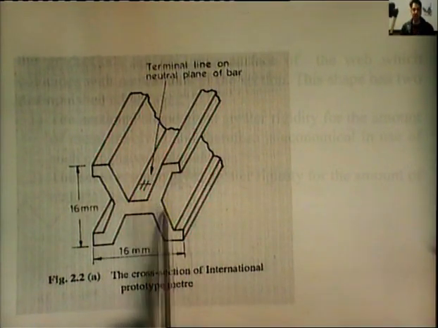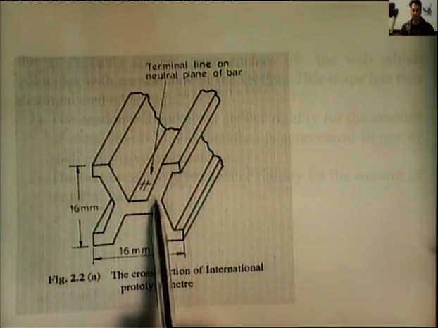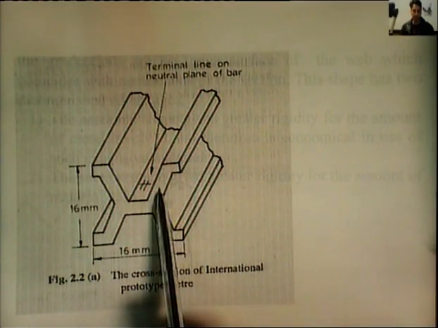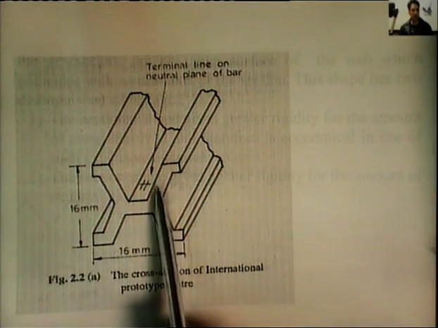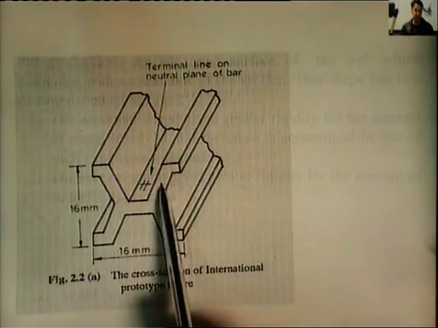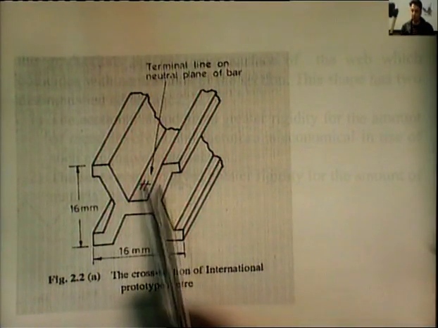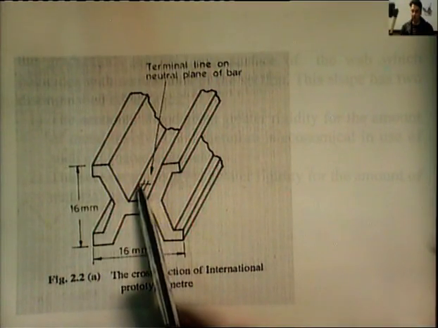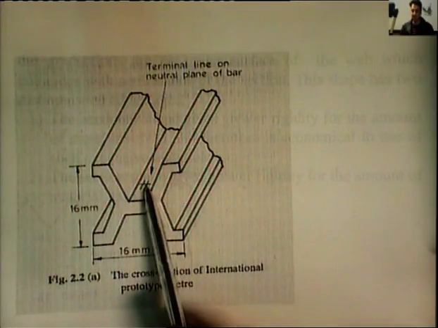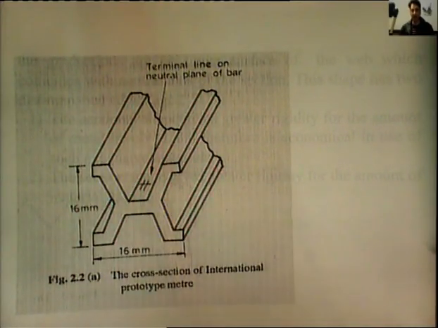It is a web design, and the whole of the material is platinum iridium alloy, used because it is more stable and the size remains the same over the passage of time. There is an engraved transverse line on this end, and similarly a transverse line on the other end, and the gap between these two lines was taken as 1 meter.